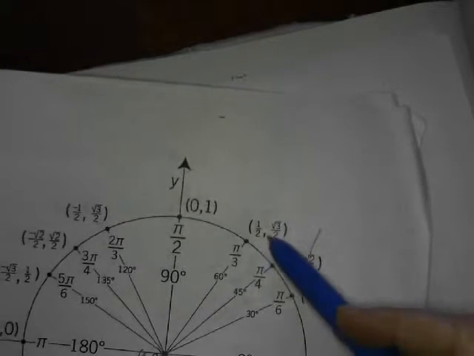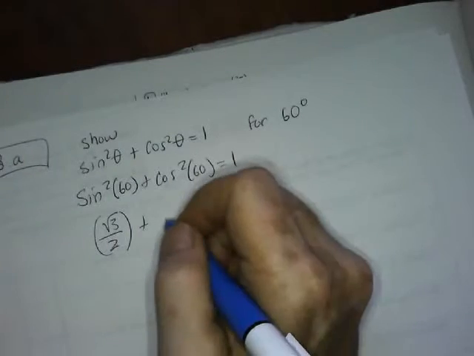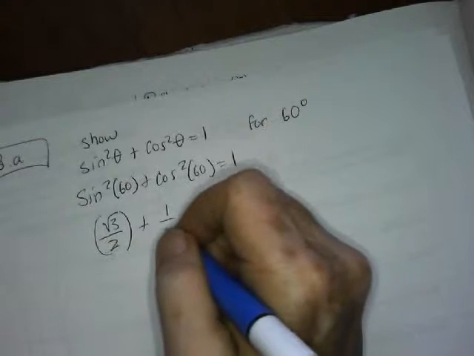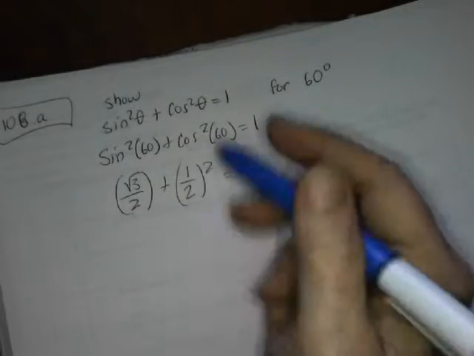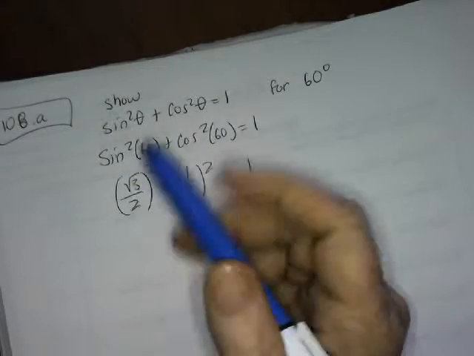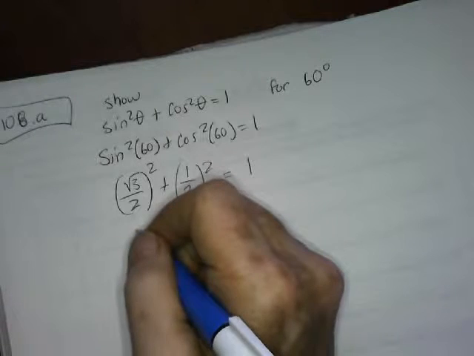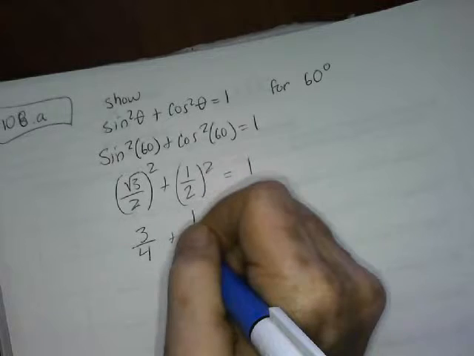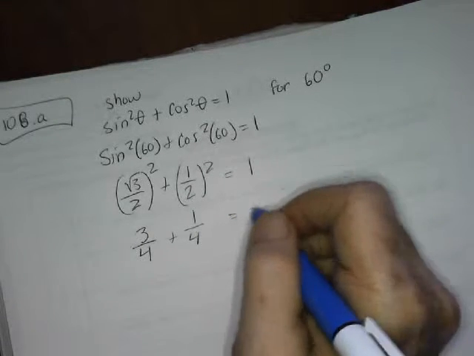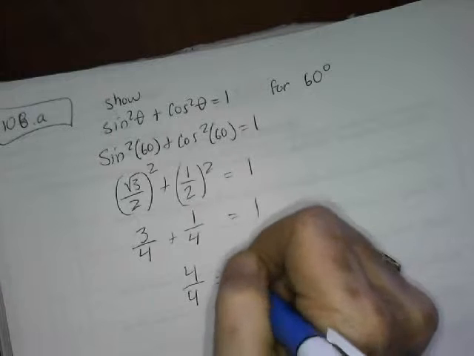Cosine is the x value, which is a half. And we want that to equal 1. Root 3 times root 3 is 3, and 2 times 2 is 4. And a half squared is 1 over 4. So that gives me 4/4 equals 1. So 1 equals 1. Easy. And then you just do it the same way. If they want it in radians, you do it in radians.